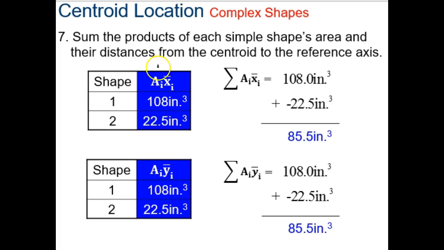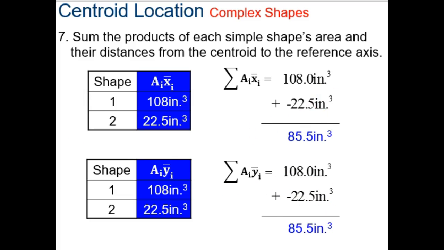We go back and we take the sum of all the areas times the centroid, so we have 108 minus, or plus a negative 22.5, negative because we're getting rid of it, and same thing in the Y. And you can see here we're at 85.5 again, whether we add 3 shapes or whether we take the big shape and subtract out the missing corner.